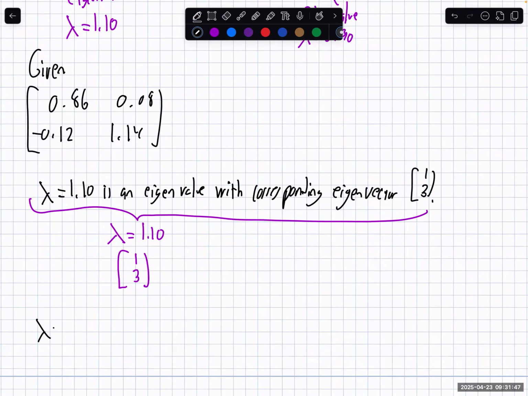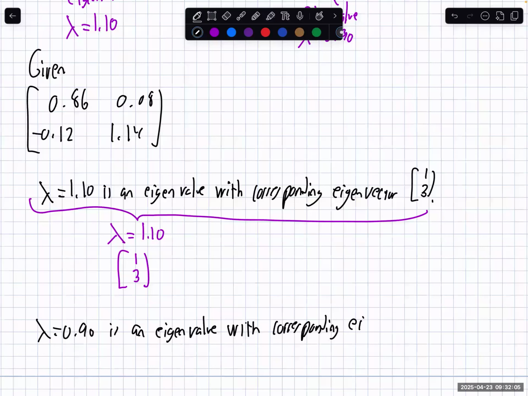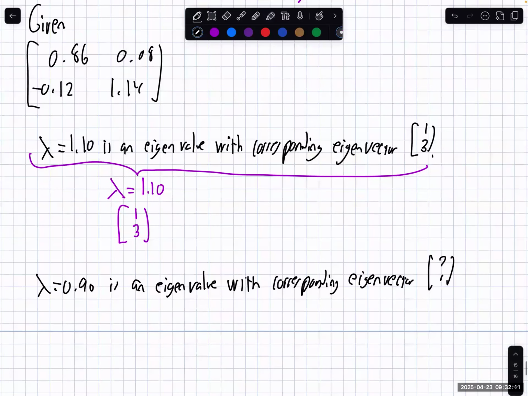And then also lambda equals 0.90. It's an eigenvalue with corresponding eigenvector 2, 1.